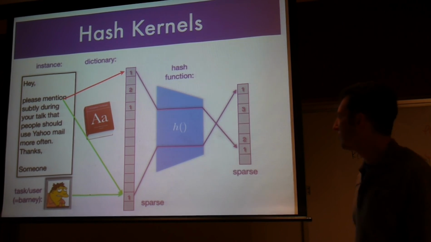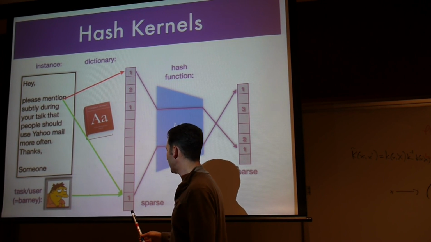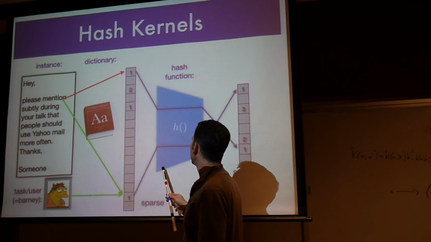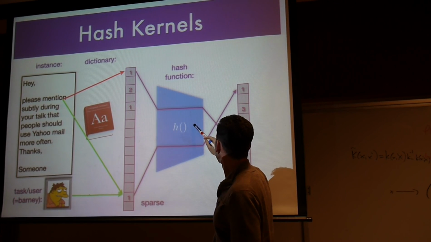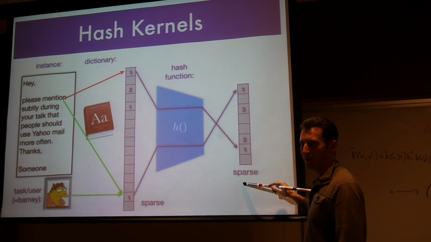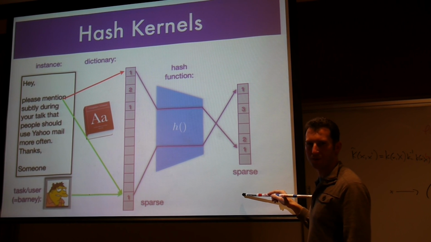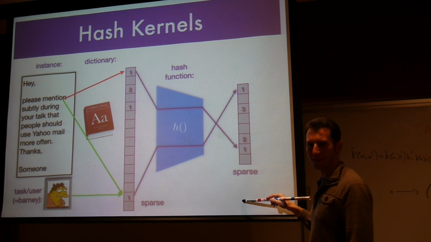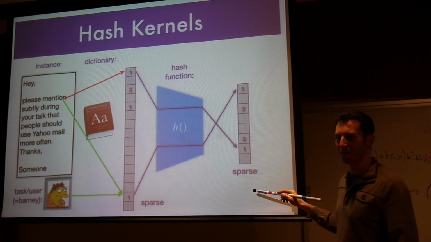There we go. Take the sparse vector. Suppose we actually did this at some point, preprocessing. And we hash each of those coordinates with a hash function, and we map it into a sparse lower dimensional vector. So those of you who went to John Langford's VW talk would have probably seen something like this. I don't know whether he went into a lot of detail about hashing, but VW, for instance, also does this.